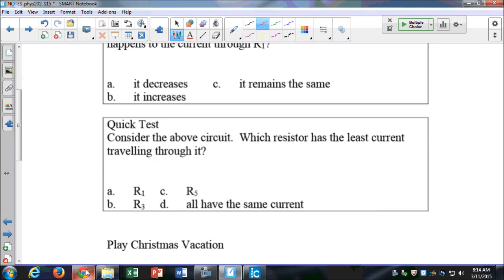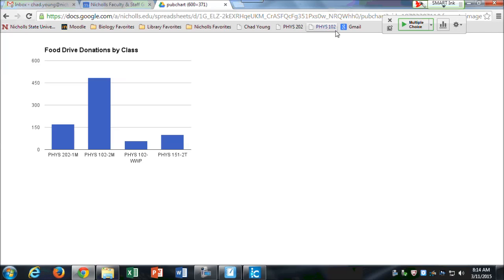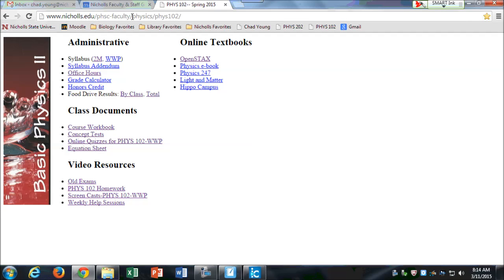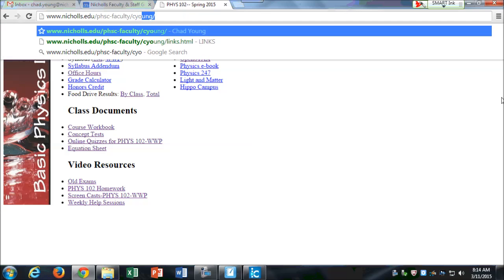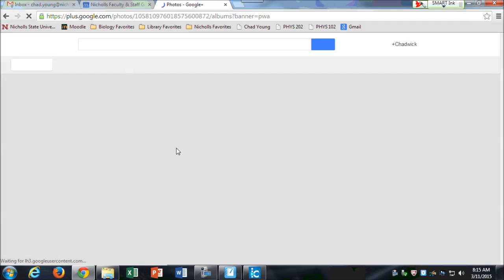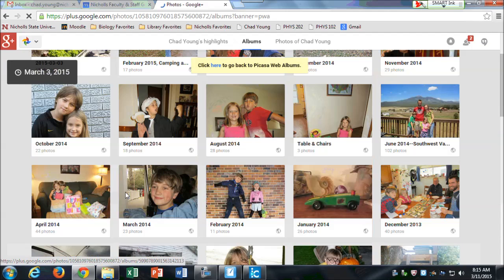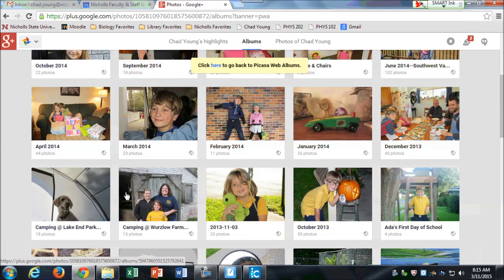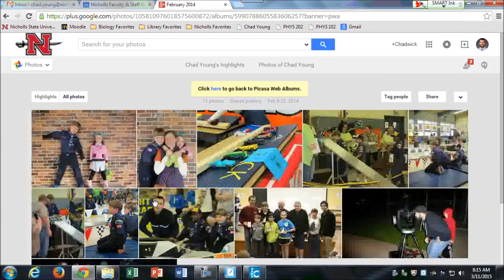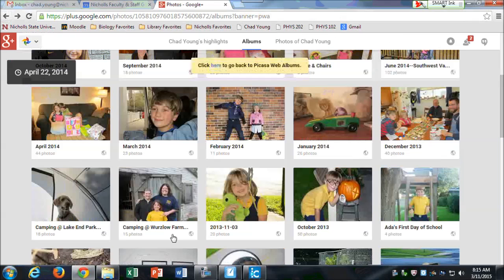You want to see a picture? All right, let's see here. I shaved it off last year at winter time. Those aren't very good pictures, are they?